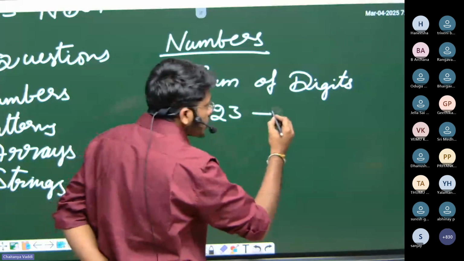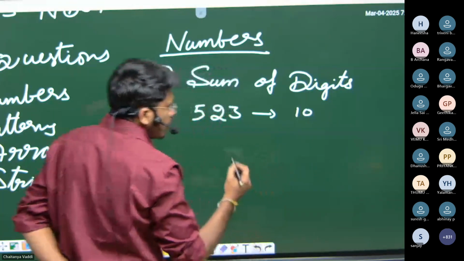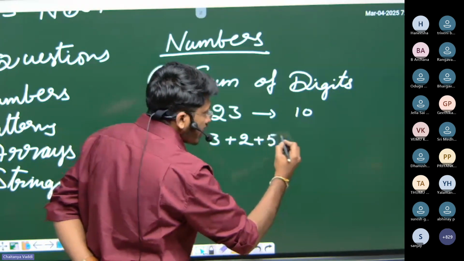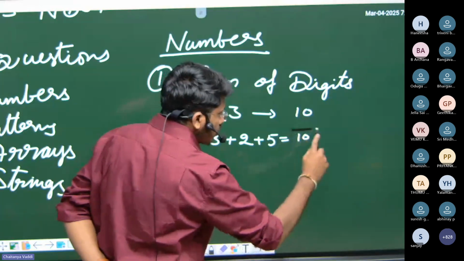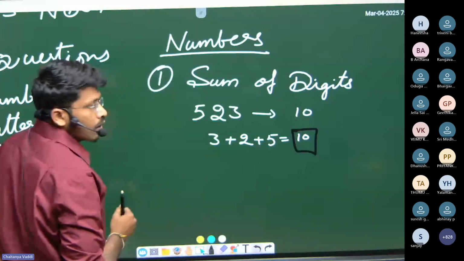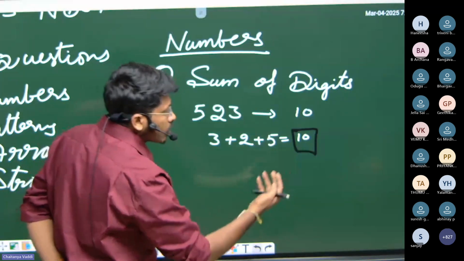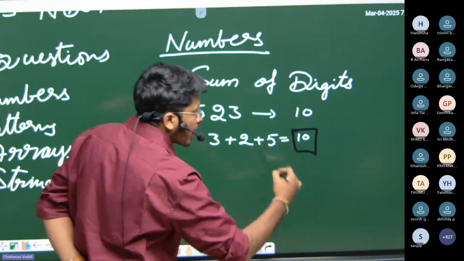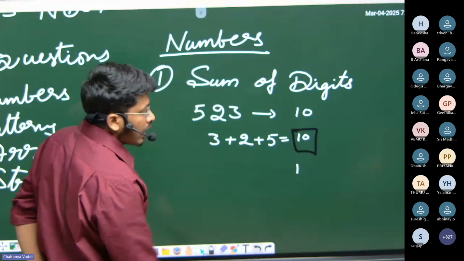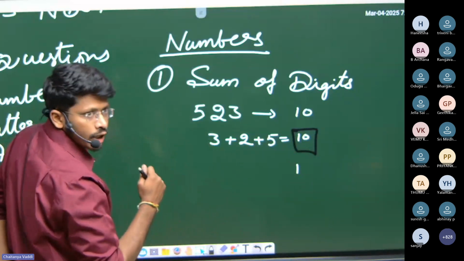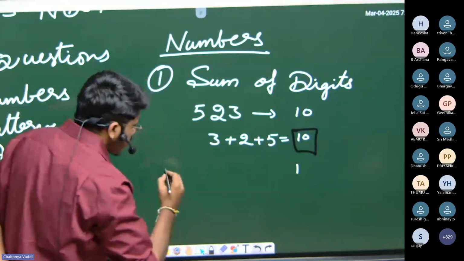So output should be 10, like 3 plus 2 plus 5, nothing but 10. So this 10 should be output. And in a few related questions, they may ask to reduce this 10 to 1 also, like whenever a double digit number comes, they may ask to keep summing until a single digit comes, right? So they can ask like that.